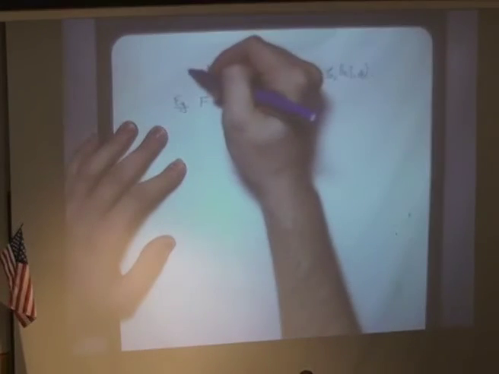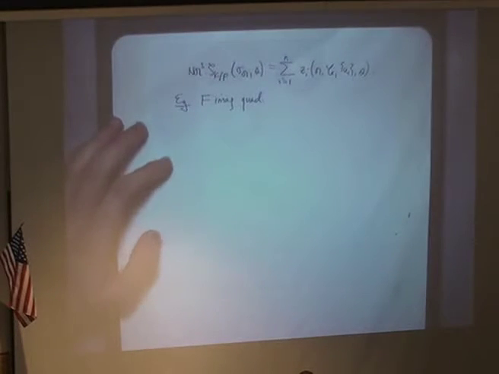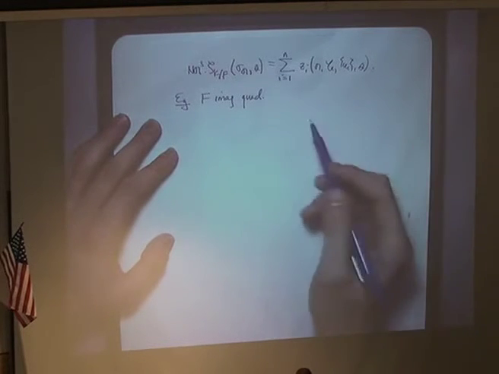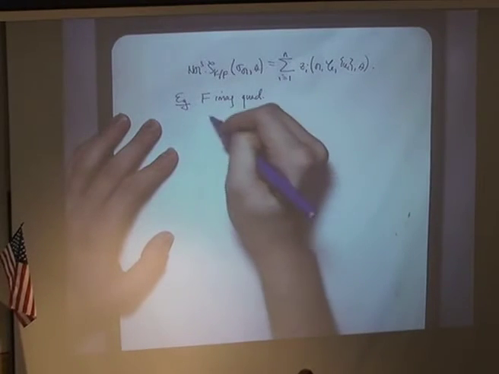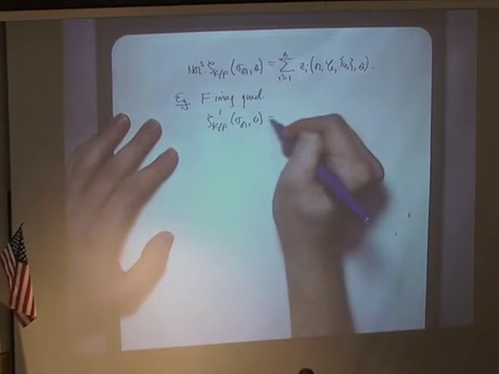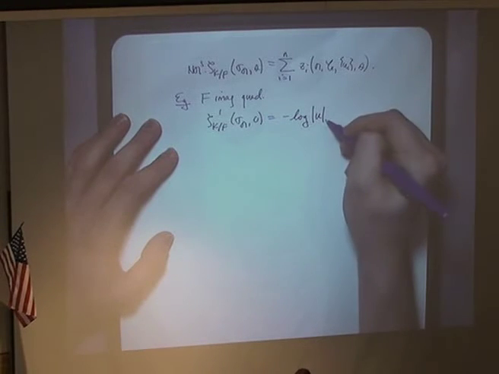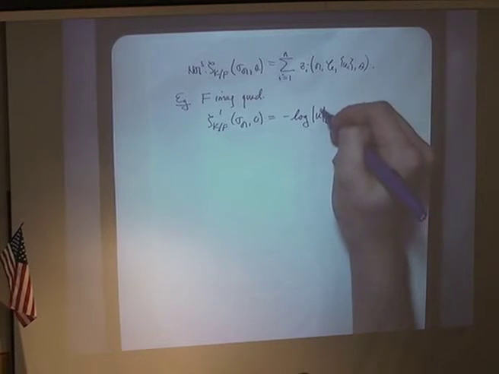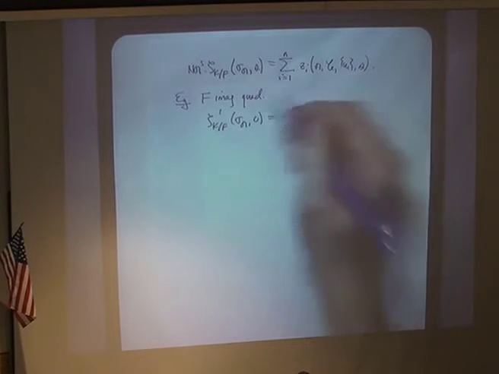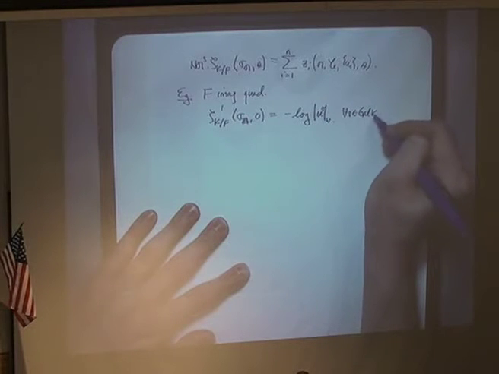Okay, so let me take my imaginary quadratic field f, and what I'll want to do is, well, Stark's conjecture says that zeta k over f prime sigma a 0 will be minus the log of the absolute value of the Stark unit, twisted by sigma, and so this is for all sigma in the Galois group of k over f.